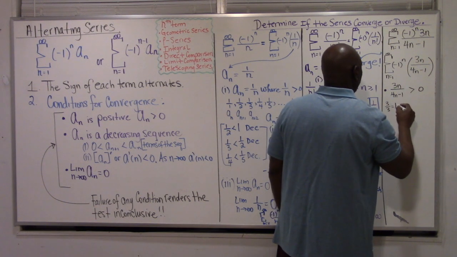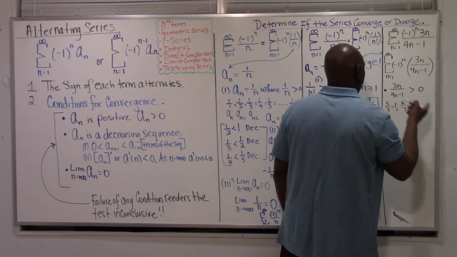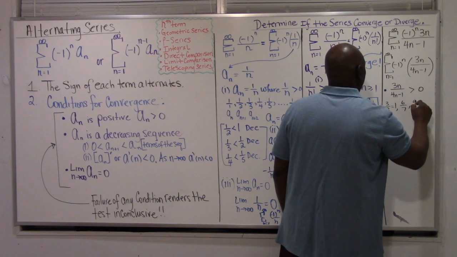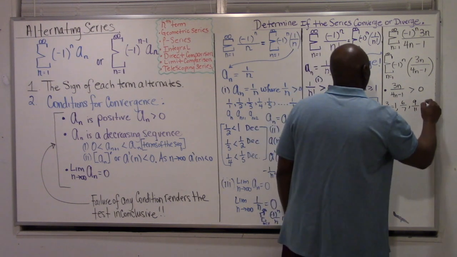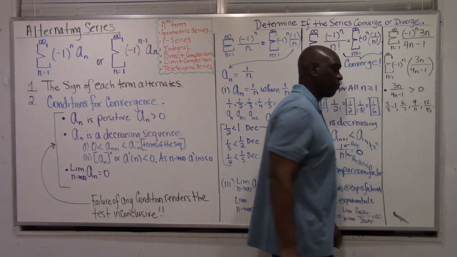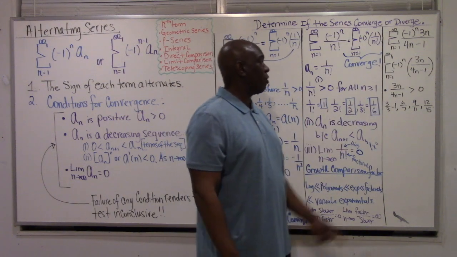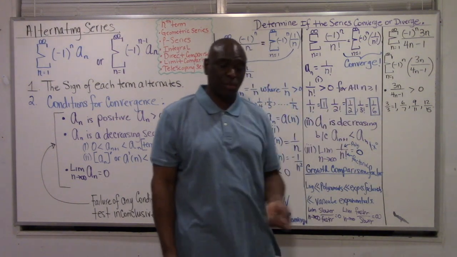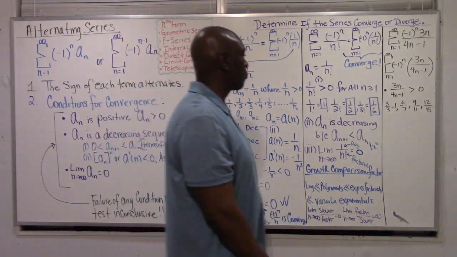When n is 2, you're going to get 6 over 7. When n is 3, you're going to get 9 over 11. When n is 4, you're going to get 12 over 15, so on and so forth. For all values of n, yes, it is positive. Plug it into the sequence, we're going to get a positive value. Condition 1 is met.